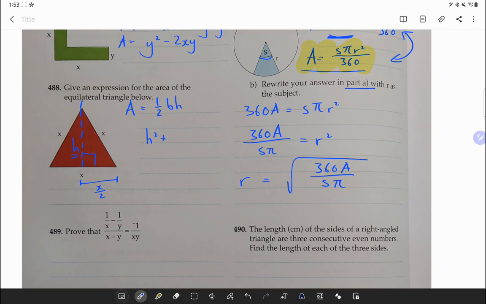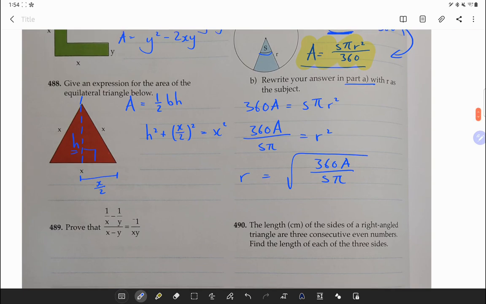So h squared plus x over 2 squared, or half times x squared, the same thing, gives us x squared. That's Pythagoras. If you remember, a, b, c being the hypotenuse, c squared is a squared plus b squared.